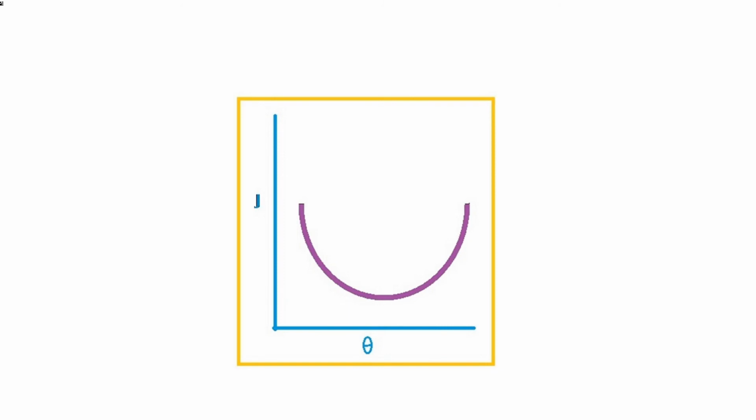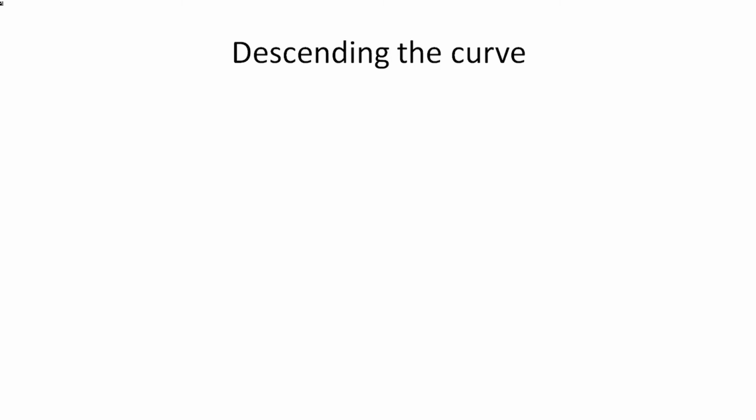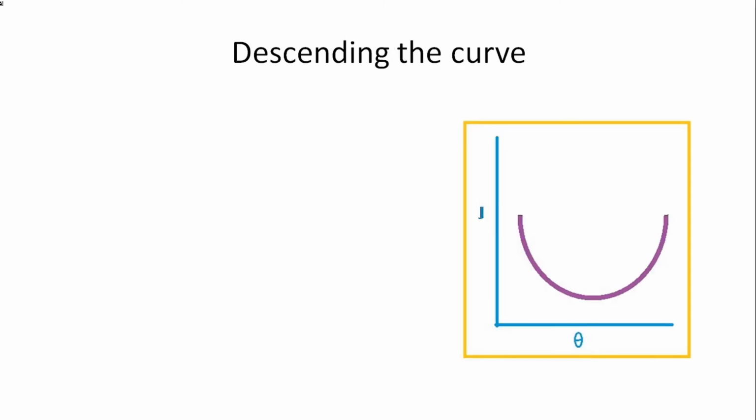On the other hand, for optimal parameter, the cost function has minimum value. So the whole goal of machine learning or gradient descent boils down to finding the parameter for which the cost function has minimum value. And that is done by the gradient descent, which descends the curve.